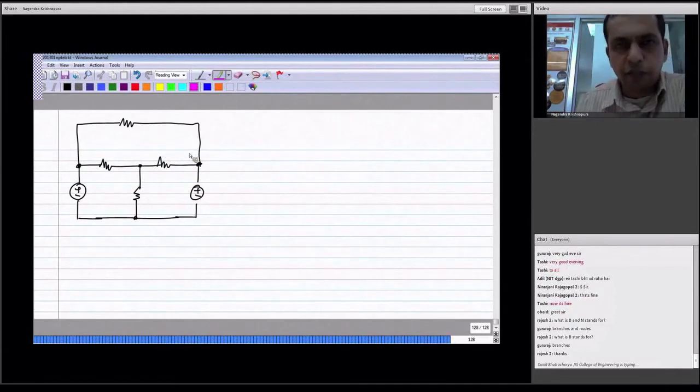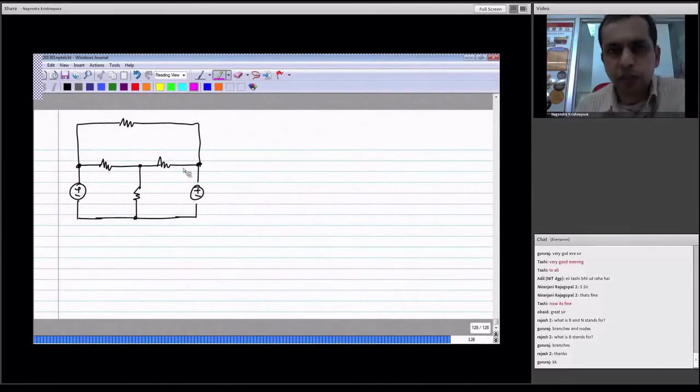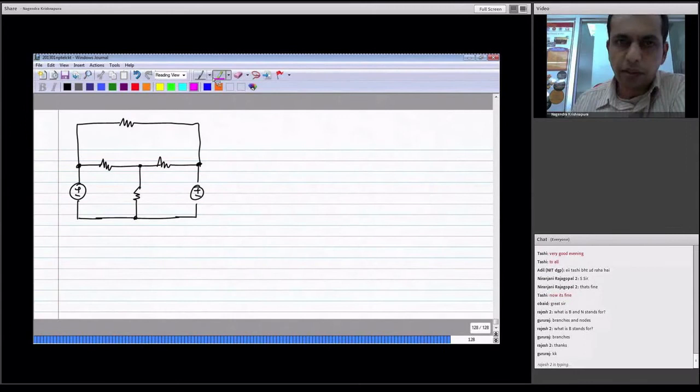And when you have a planar circuit, you can always identify regions like this, loops like this, which are separate from each other. So imagine that you are looking at the map of India. Obviously, you will be able to identify states on the map, and each of the states will be separate from the other state, and everything will be on the plane.